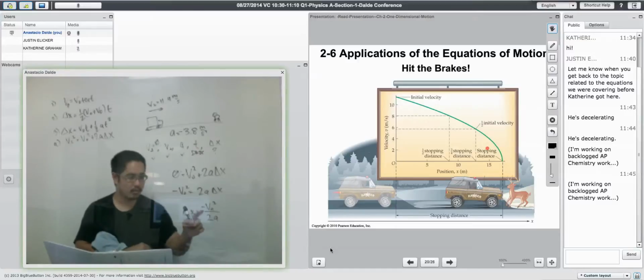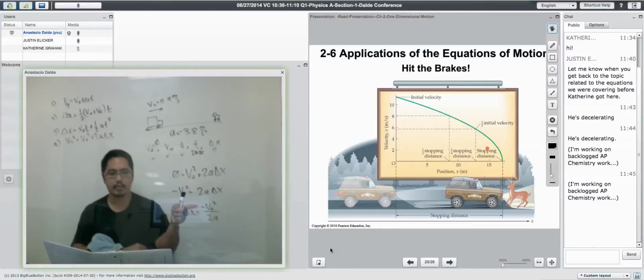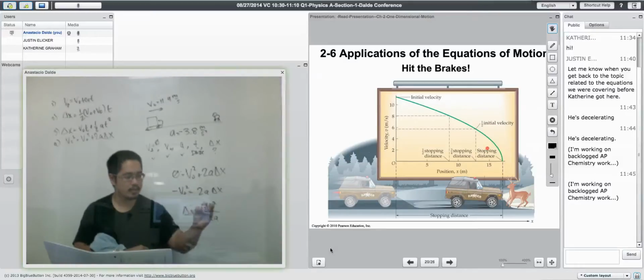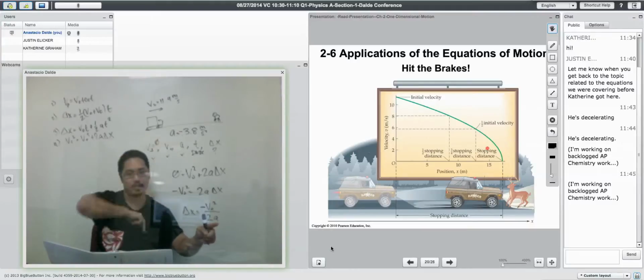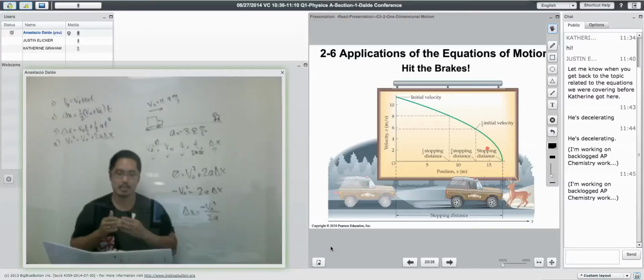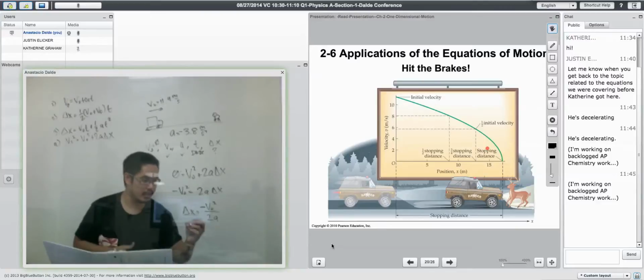There still is that negative up here, so your answer, delta x, is still going to be a negative number, unless, of course, a is a negative number, which is nice because a is a negative number over here. So those negatives cancel, which means you were still moving forward. Does that make sense?